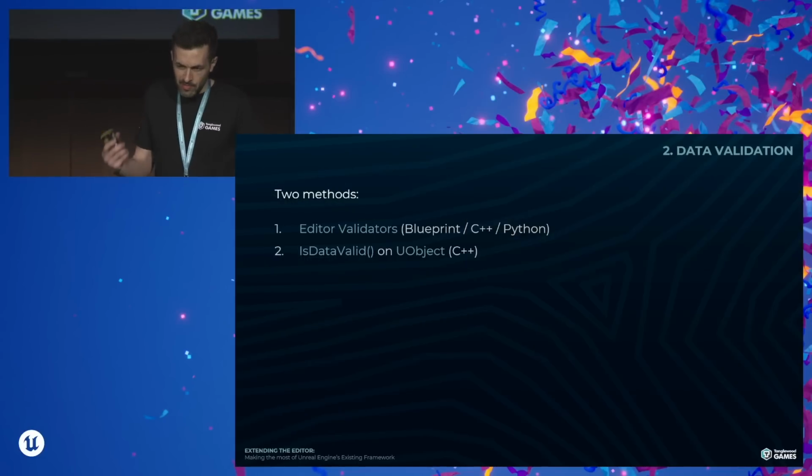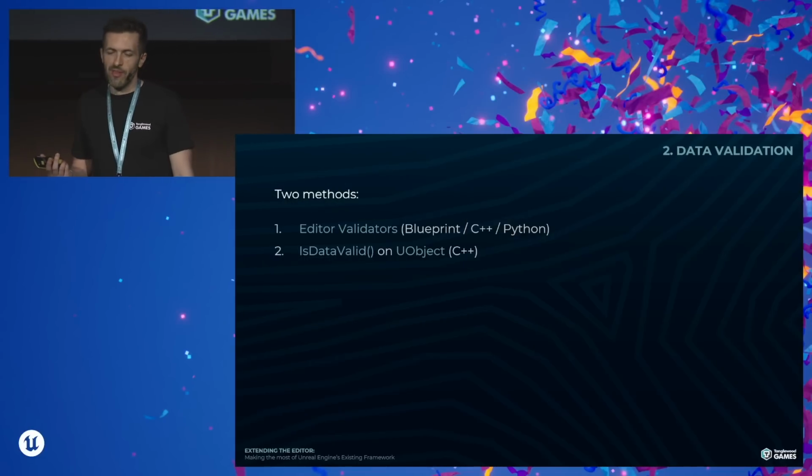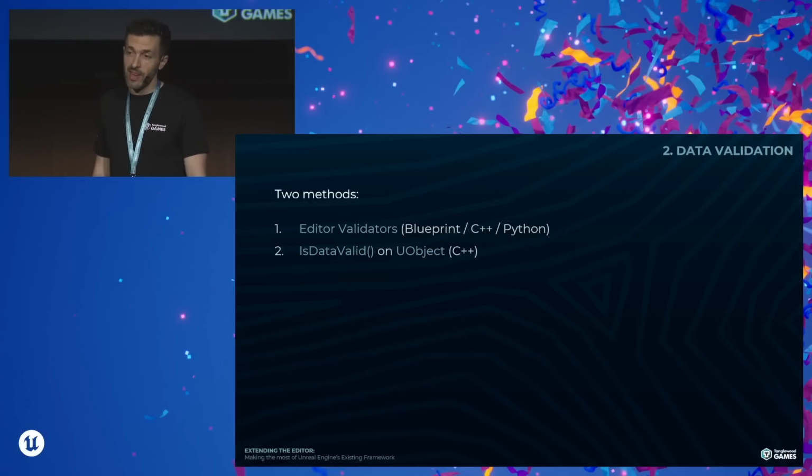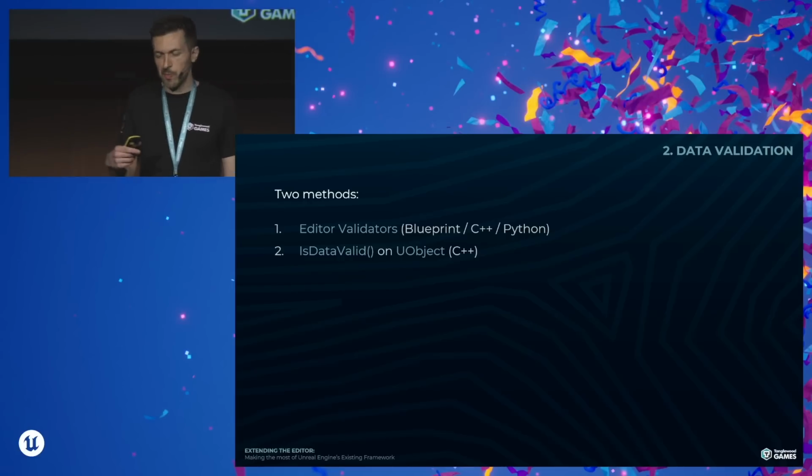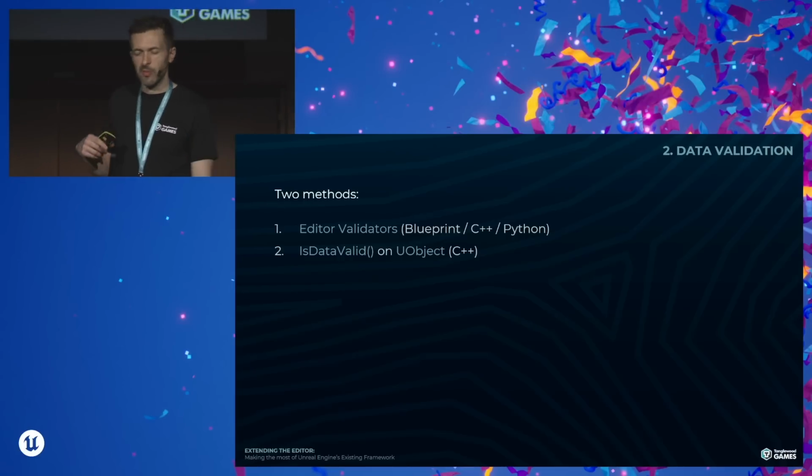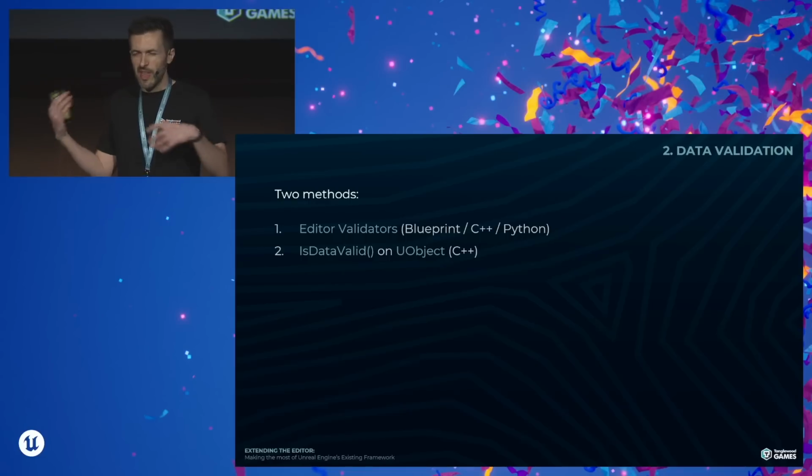The way we can run validation is either through editor validators that we can extend using Blueprint, C++, or Python. This is something that we usually use for native classes in the engine, like a texture. Or if we have any custom objects or an actor, we can always override IsDataValid in C++ and do something specific for a use case.